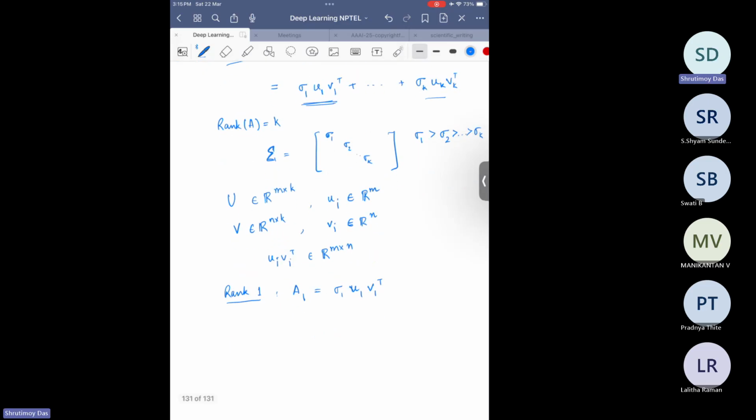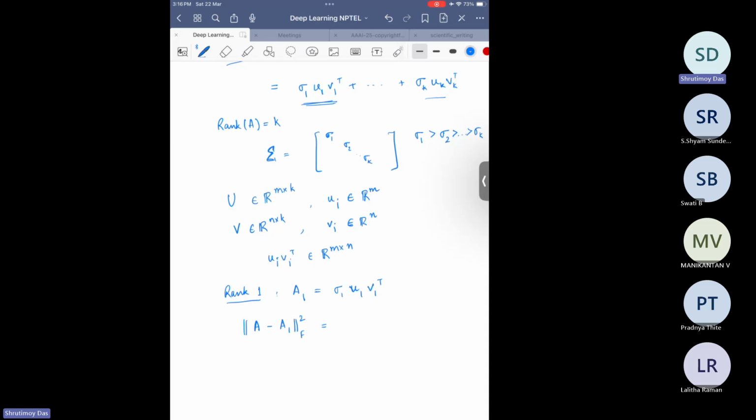Now when I want to ask what is the information in A, let me check the difference between A and A1. There is something called the Frobenius norm. You don't have to worry about it. It just says what is the element by element difference that you have.